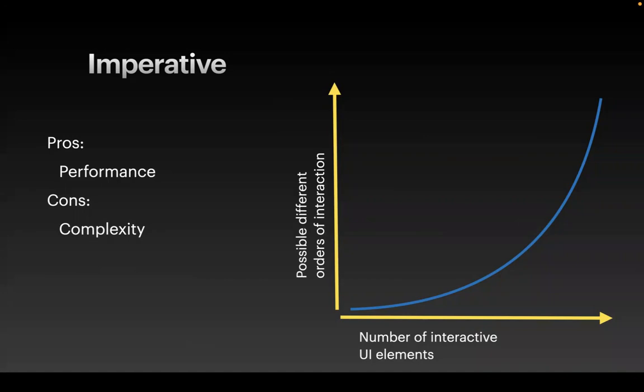The order of difficulty of this is n factorial, if you assume that you can press one button only one time. Otherwise, it's actually higher. And who has fewer than 5 interaction objects on the UI? Almost nobody. You have many more. So you run into this complexity.